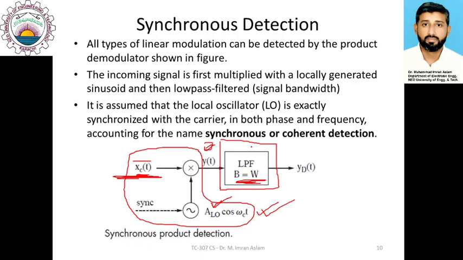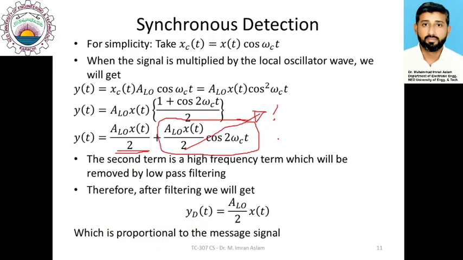So the second term becomes 0 after filtering, and eventually you end up with A_LO/2 x(t).